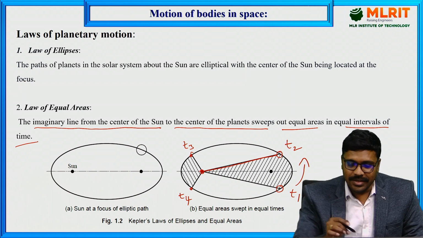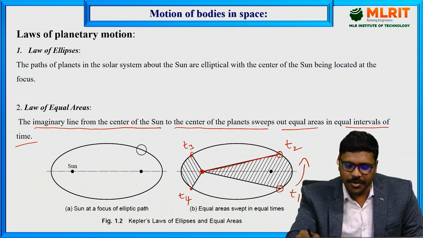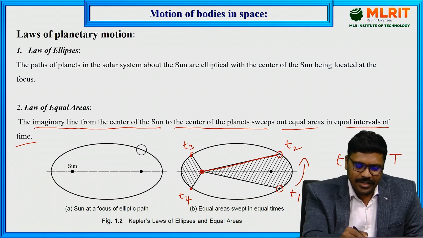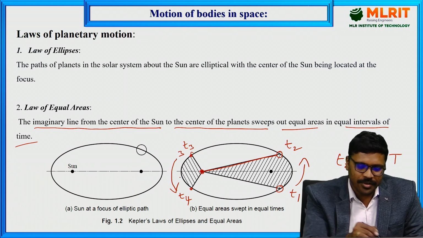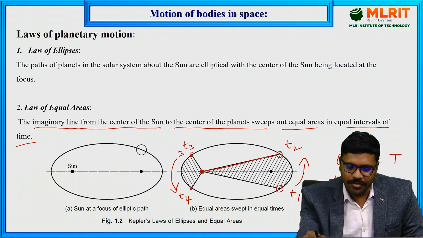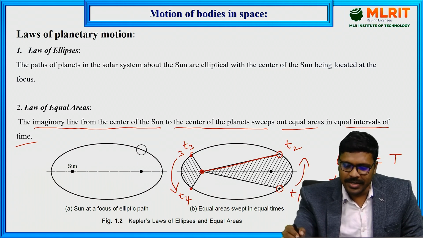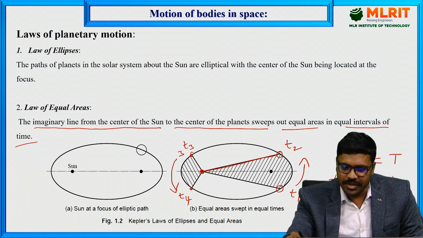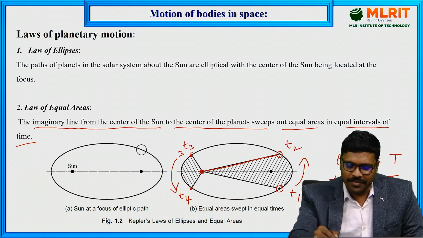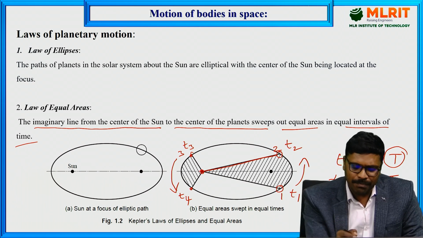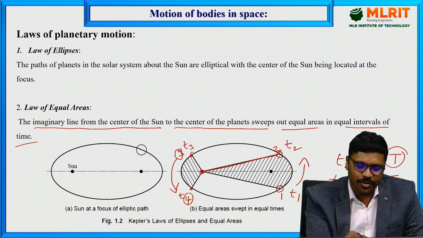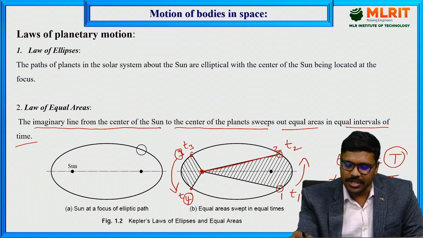If I take t2 minus t1, the time taken by the planet from position 1 to position 2, it is equal to some capital T. And t4 minus t3, the time taken by the same planet from position 3 to position 4, is also equal to T.